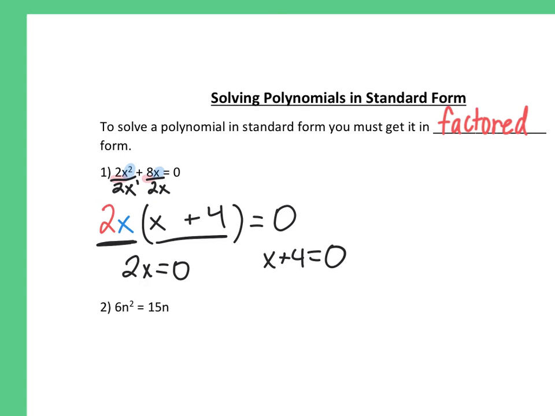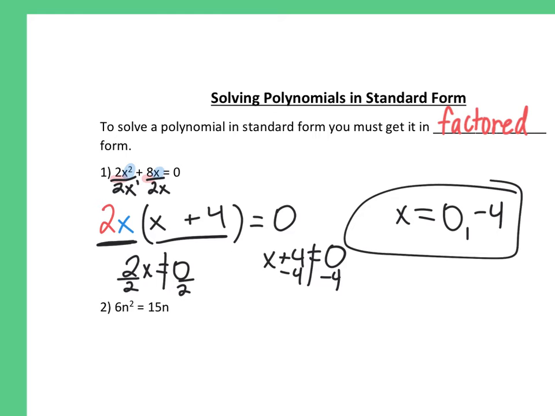Okay, the first equation, inverse operation of multiplication is division, so I need to divide by 2. What's 0 divided by 2? 0, so x is 0. Second equation, inverse operation of adding 4 is 0 minus 4. -4. Okay, my 2 answers.